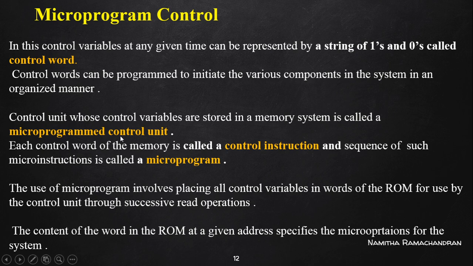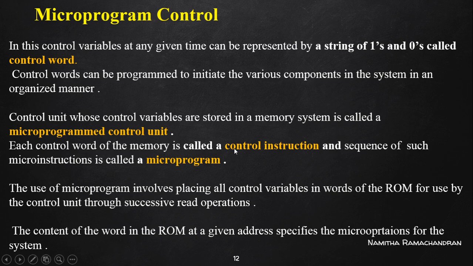In a microprogram based control unit, the entire activities of the system are controlled with the help of various control words. These control words are stored inside a common memory.